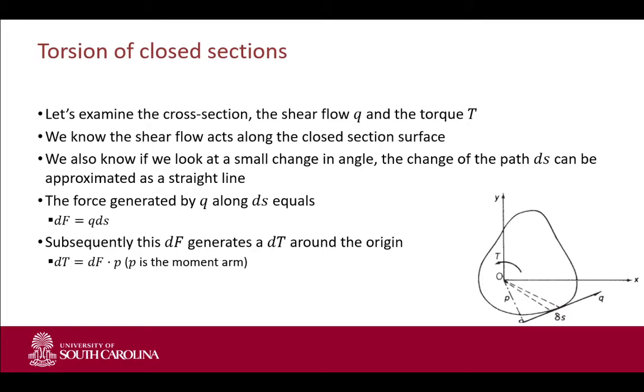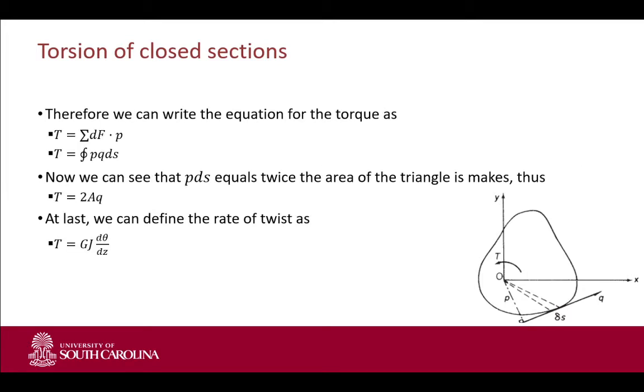So we basically noticed that if we take the summation of all those forces multiplied by the arms, it must be equal to the torsion, and therefore we could state that torsion is equal to the circle integral, or circumference integral, boundary integral, I think that's the correct definition of it, of q multiplied by p ds. And then we also recall that p ds over the entire circumference of the cross section is nothing else than twice the enclosed area. So the torsion yields a constant shear flow and is basically scaled by 2 times the enclosed area.